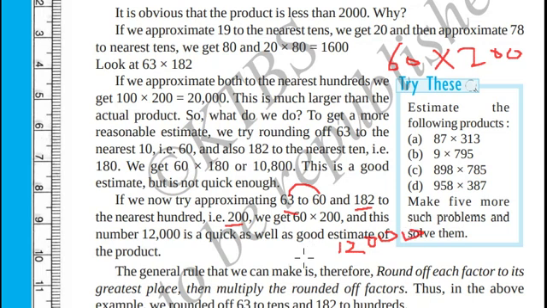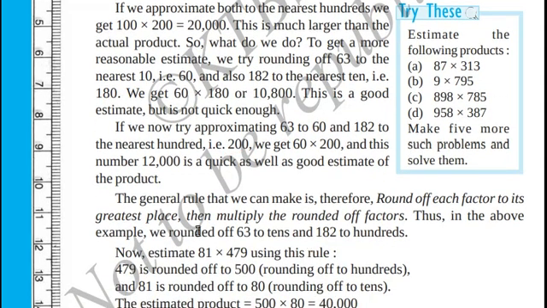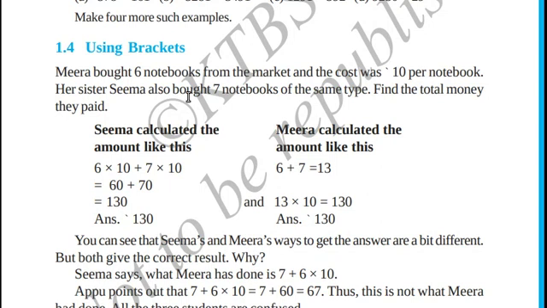This is a good estimate of the product. The general rule that we can make is, round off each factor to its greatest place, then multiply the rounded off factors. In our previous example, we rounded off 63 to the nearest tens place and 182 to the nearest hundreds place.